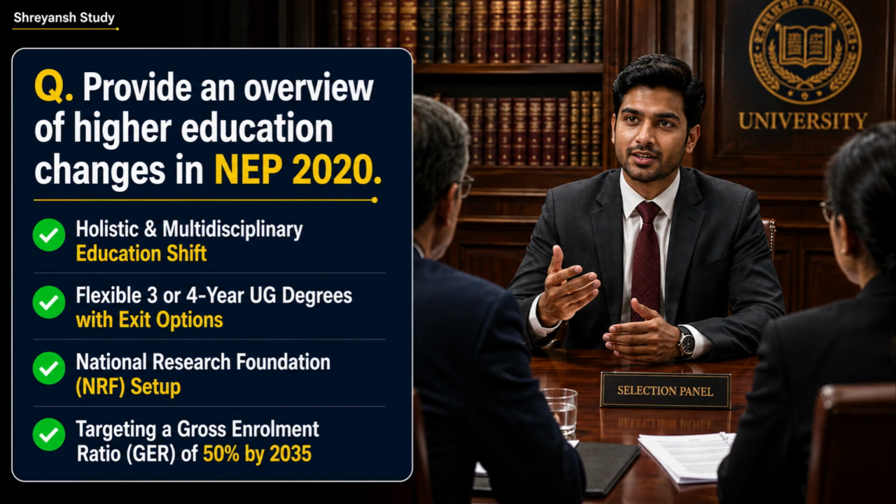In higher education, its core focus includes shifting toward holistic and multidisciplinary education, introducing 3 or 4-year undergraduate programs with flexible exit options, establishing the National Research Foundation, NRF, to boost research culture, and targeting a gross enrollment ratio, GER, of 50% by 2035. Note: the 5+3+3+4 structure applies strictly to school education.